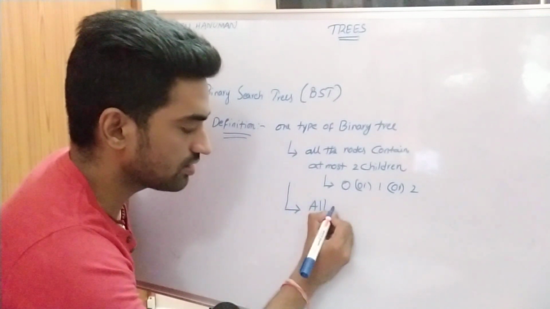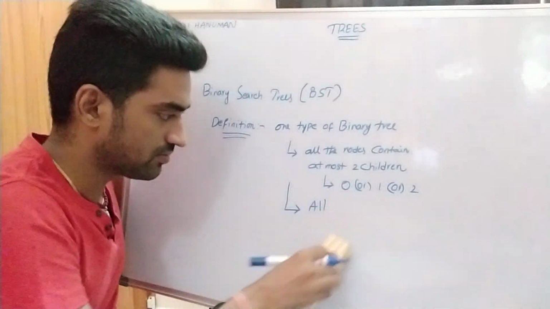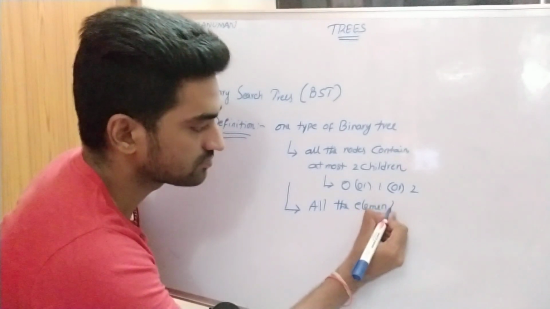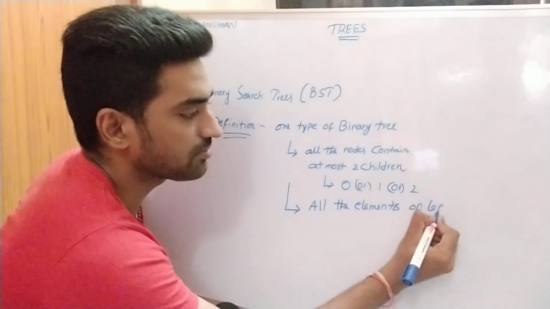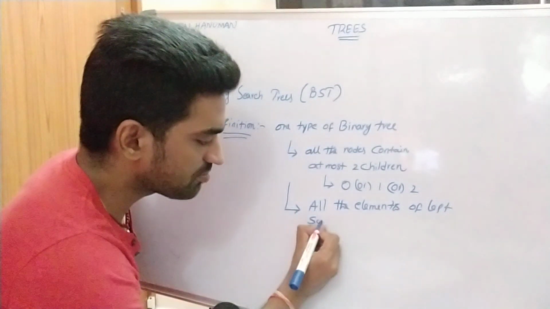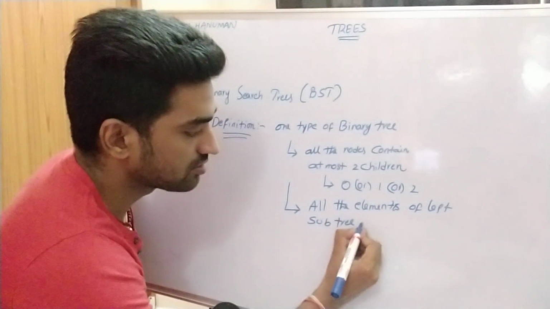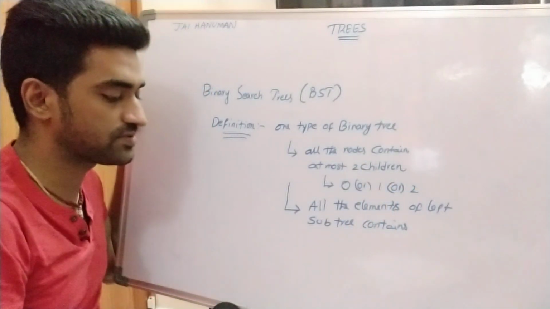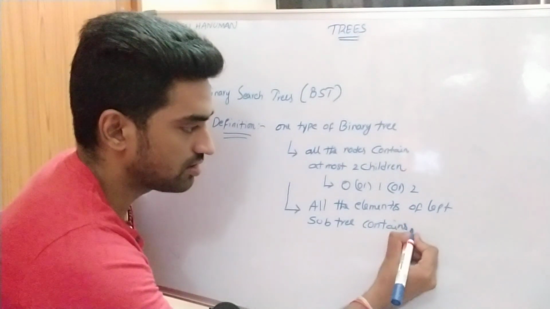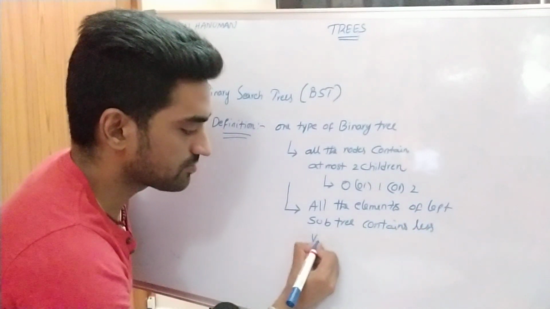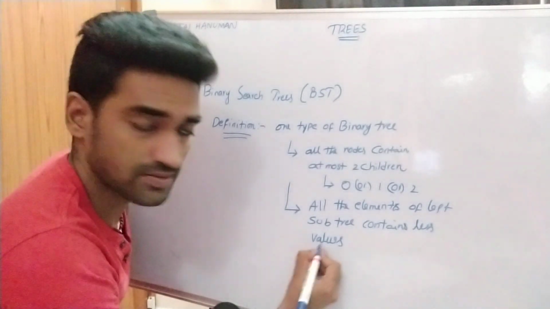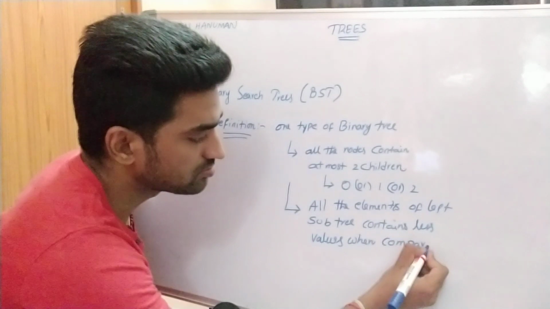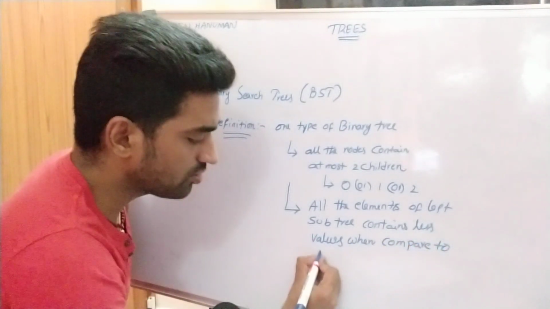all the elements of the left subtree contain lesser values when compared to the root node.